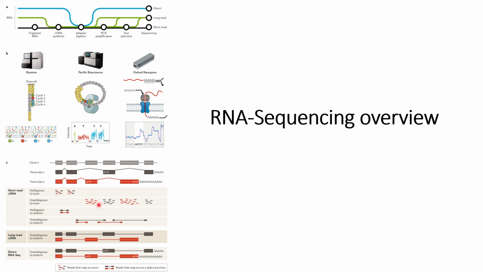These are examples of unambiguous exons: here the short read belongs only to transcript Y, as shown by the orange color, as they are modified at this end, and the same thing is available at this side and this side.